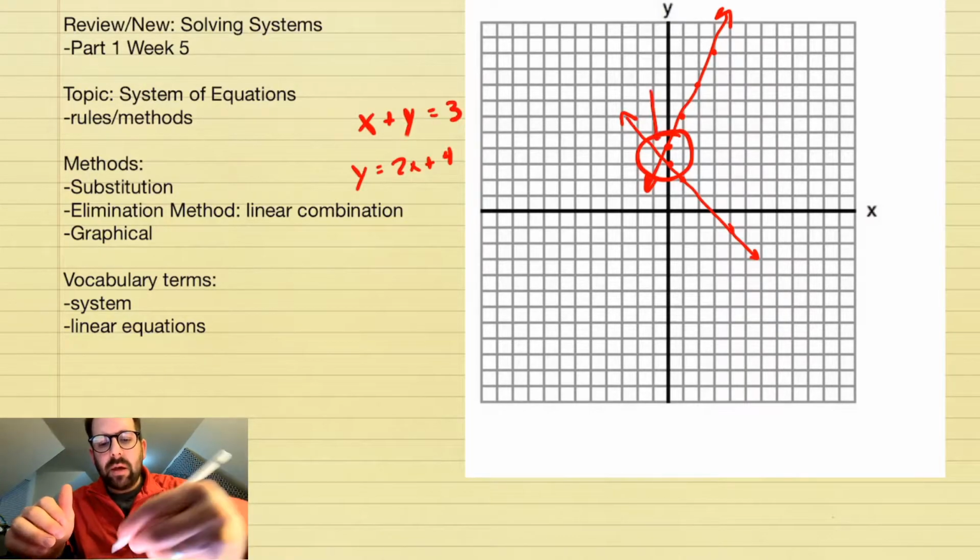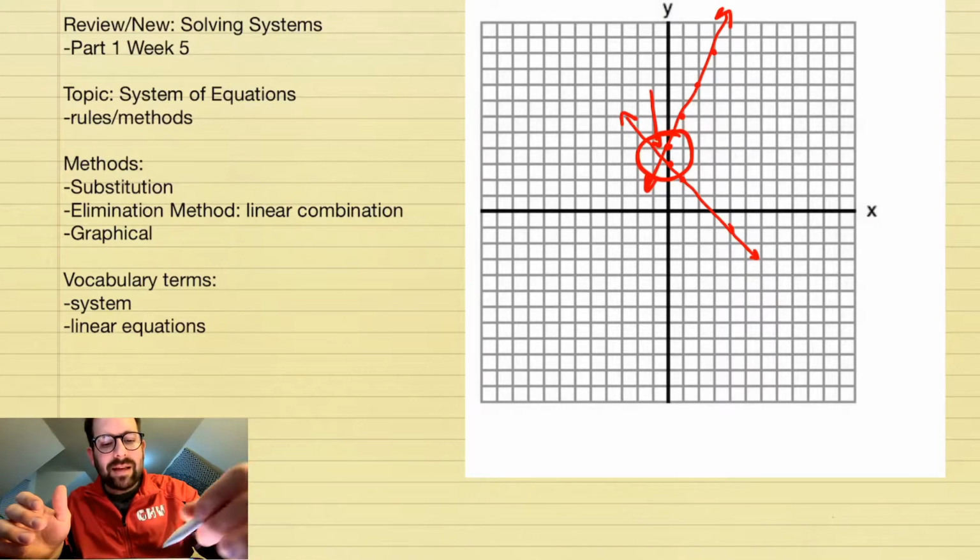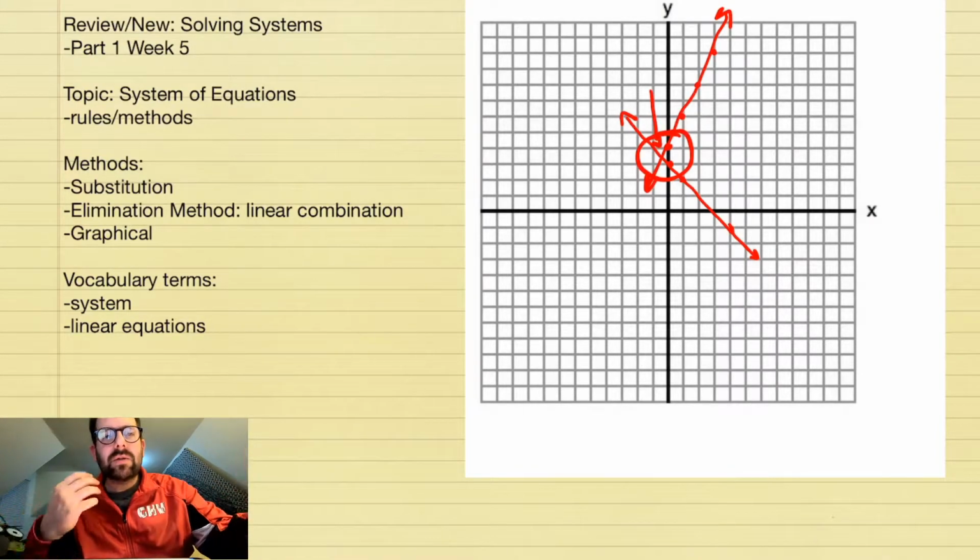Now, obviously, with graphing, you can see this is kind of messy. It's close to maybe the exact answer, but it's not exact. We're going to look at a couple different methods today that will give us the exact answer every single time, so there's no guessing. Some of you are pretty good at just looking at an equation and telling it instantly.